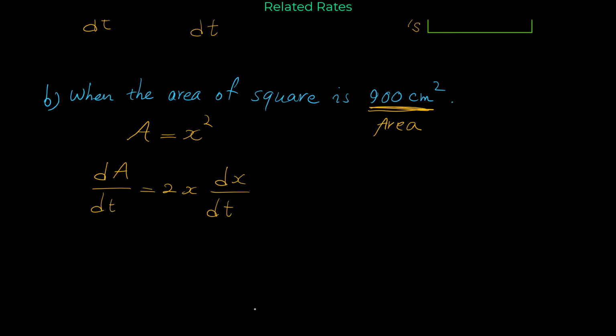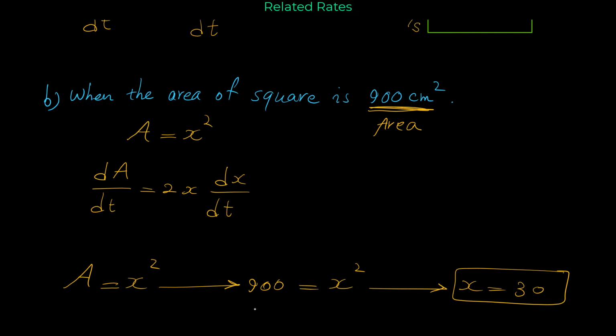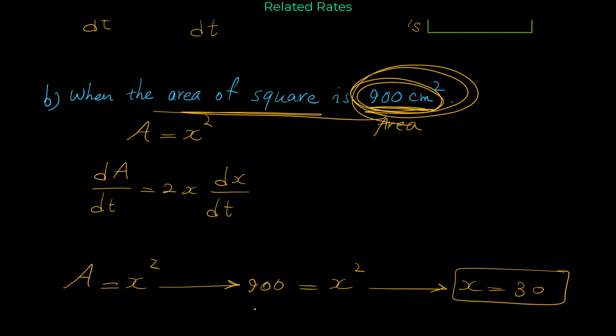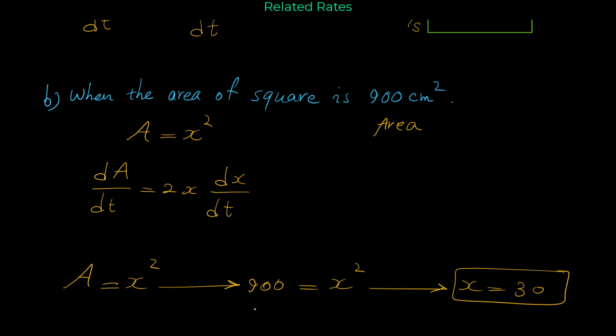We have this relation between area and the length of each side. Area is 900. If we take a square root from both sides, x is 30. So when the area of the square is 900 centimeter squared, the length of each side of the square is 30 centimeter. So we use this value for finding dA over dt here.